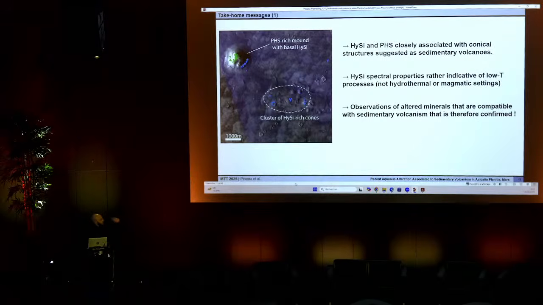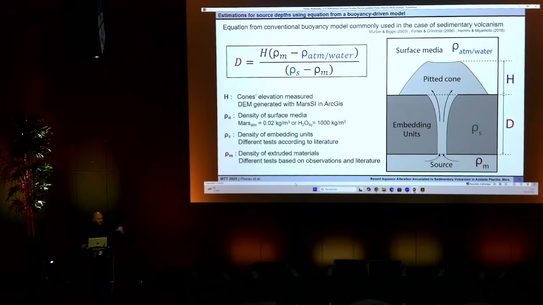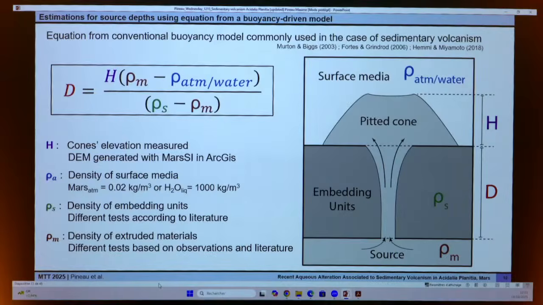So all of these observations are highly compatible with the sedimentary volcanism hypothesis, which we are able to confirm here. And this is very interesting because that means that we have silica-rich and sulfate-rich reservoirs that were buried at depth. So now what we can do is to use the equation from that model to calculate the source depth of the material.